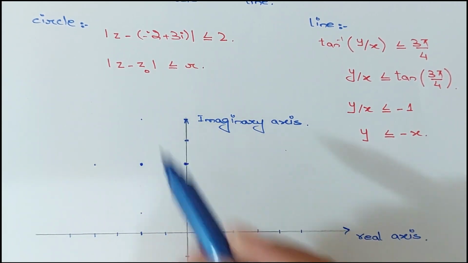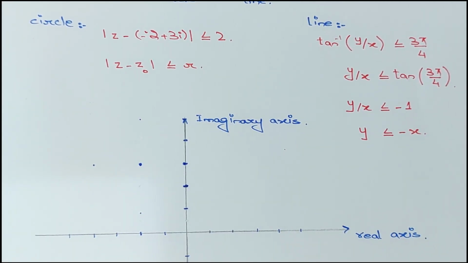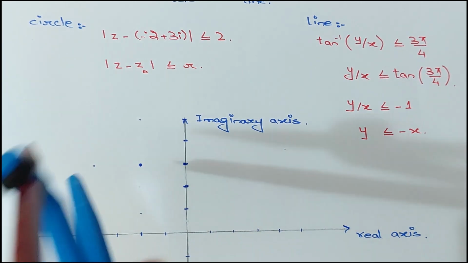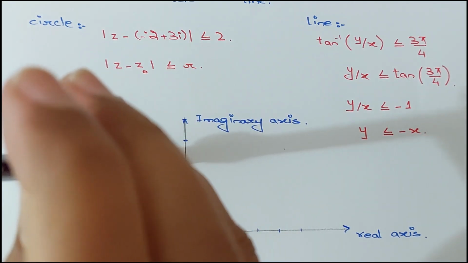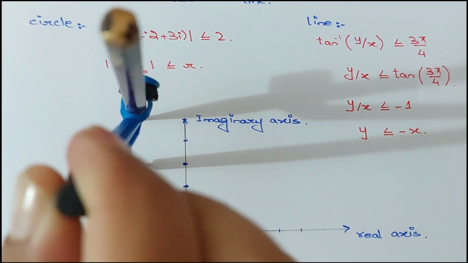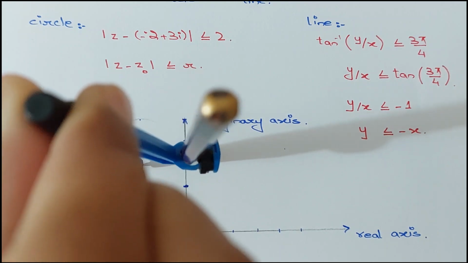It's just a rough sketch, right? So now let me connect all the points using a compass and draw the circle with radius 2. So at the center, this is a sketch of a circle.